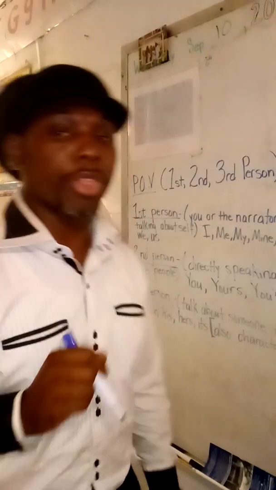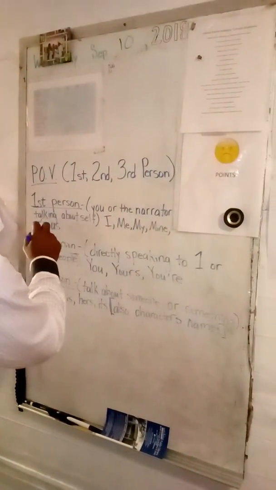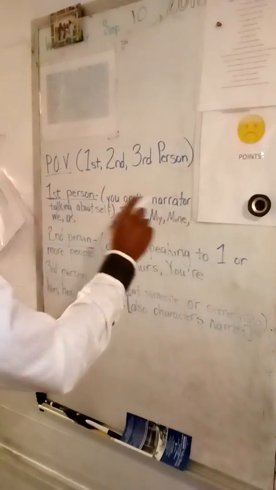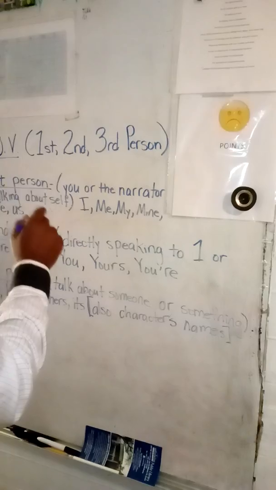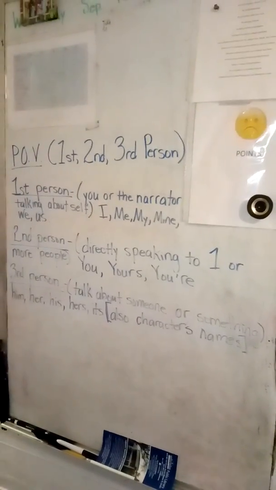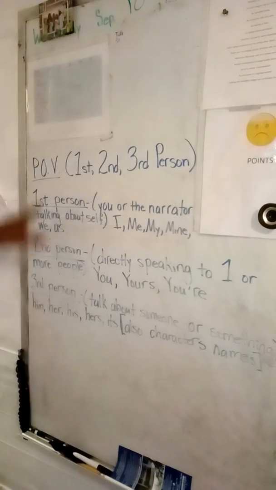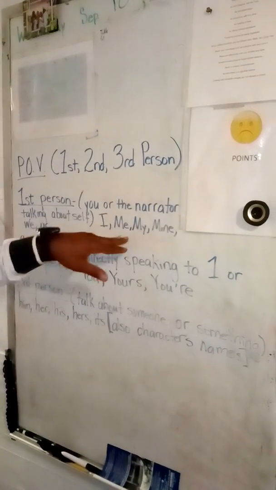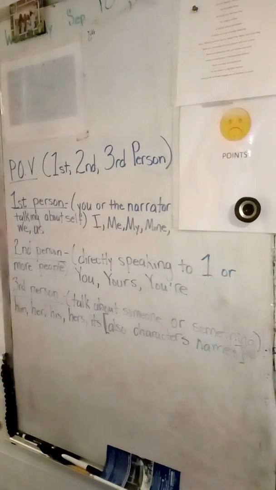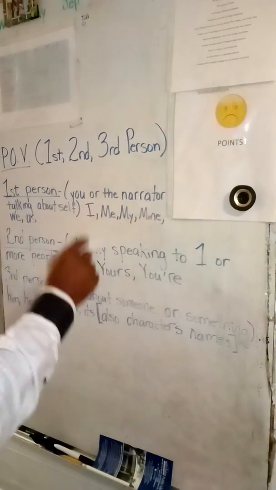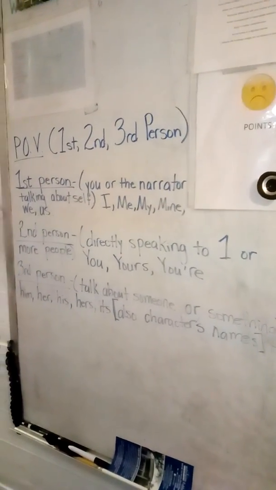You are the author. Okay? So, this is when you are the narrator and you are talking about yourself. And the key words, I want you all to write this down, the whole thing, but definitely right here, since we're talking about this. The key words are I, me, my, mine, we, and us.